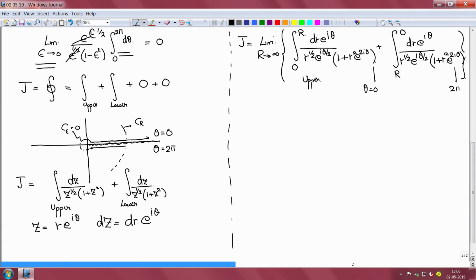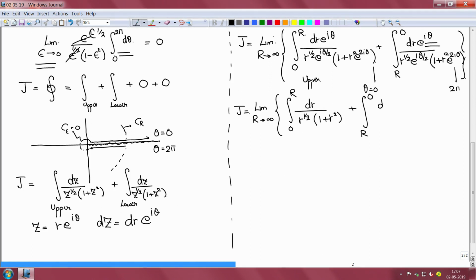So we get J is equal to limit r tending to infinity, zero to r, theta is 0, so we get dr over r to the power half e to the power I 0 1 plus r square plus integral r to 0, here theta is 2 pi.